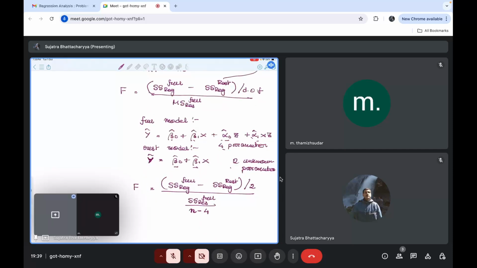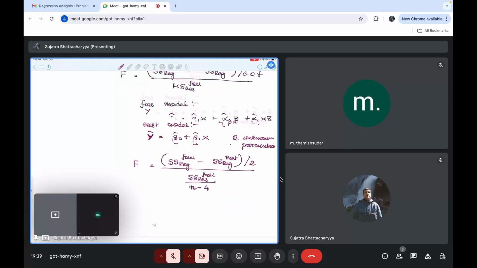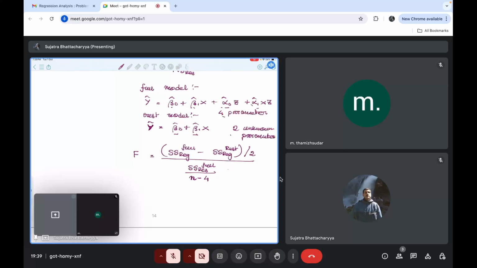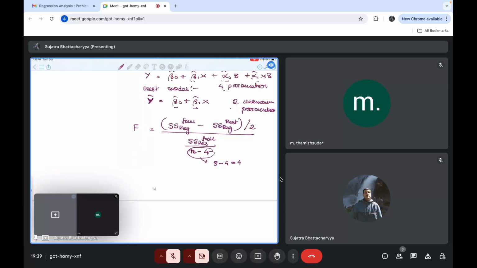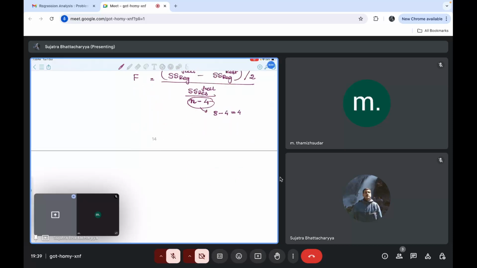Here n is 8, so this is 8 minus 4, which is 4. This is how degrees of freedom can be calculated for this kind of test. Let's look at the SS regression for the full model.